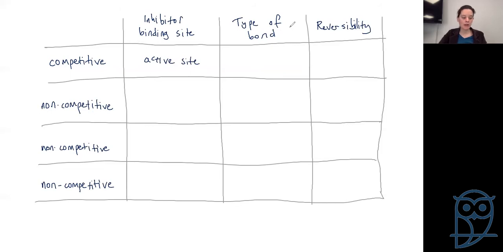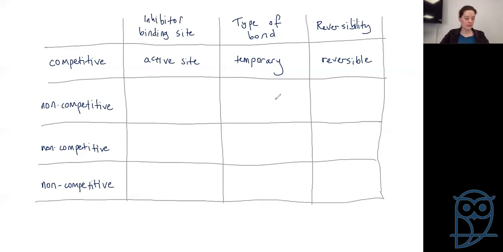The type of bond has to be temporary because that is the same as a substrate, and it has to be reversible. We have to be able to be exactly like a substrate. Enter, bind, leave. So a competitive inhibitor works in the same way as a substrate. The only difference is not being broken down into products. It's remaining unchanged when it's released.